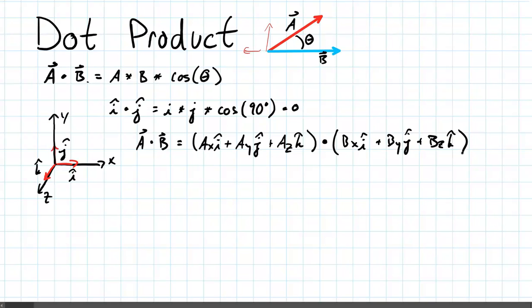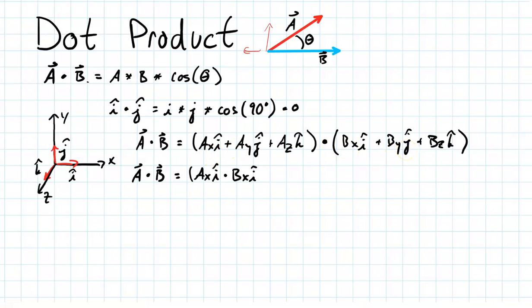Okay, so let's factor that out. A dot B is equal to this first term here, AX in the I direction dotted with BX in the I direction, plus AX in the I direction dotted with BY in the J direction.